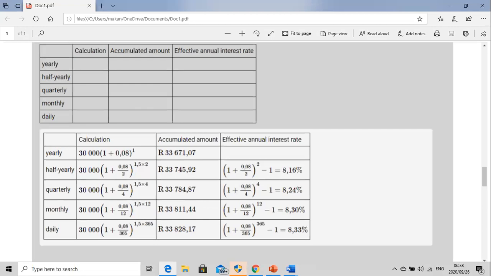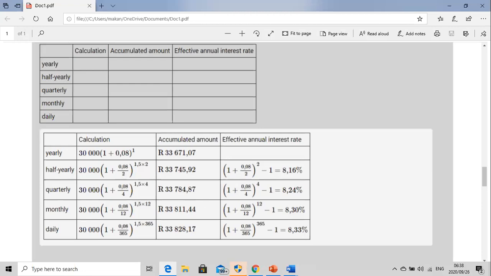And you can tell that if the interest is compounded daily, the chances of your investment increasing are very high. If you get interest every day and the next day you add another interest which is compounded, then your investment is likely to increase rapidly, rather than if you do it just once a year.